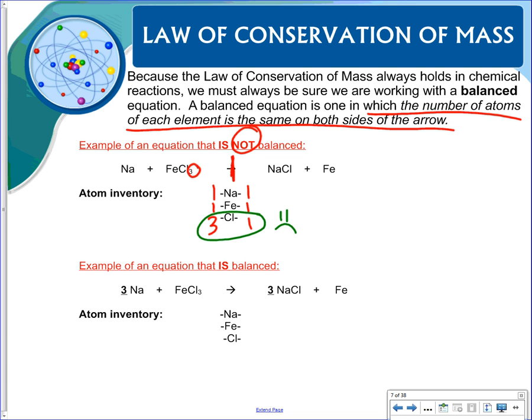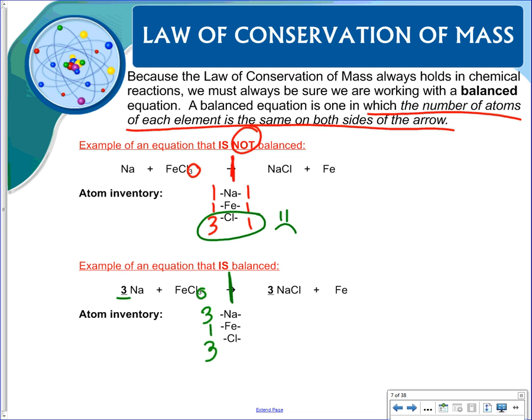Okay? If we look at the next example, it is balanced. So again, I'm going to do an atom inventory, which is just adding up how many atoms of each element I have. So I've got 3 sodiums on the left side. I've got 1 iron and 3 chlorines. Okay? Again, coefficients and subscripts are what tell me how many atoms I have. Okay?